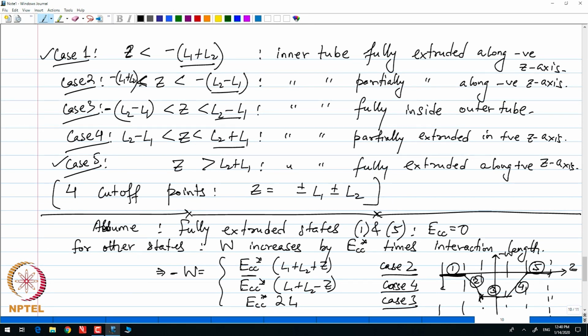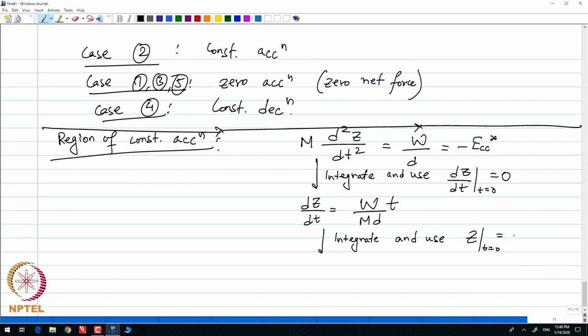That is given by L1 minus L2, so z at t equal to 0 is L1 minus L2, and suppose the extrusion distance was d, we will get minus d. So d is my extrusion distance, and after integrating, z is L1 minus L2 minus d plus w t square by 2 m d.